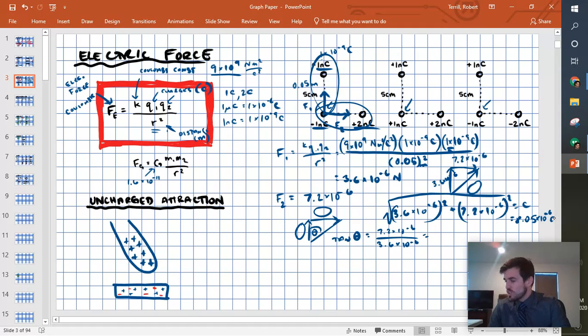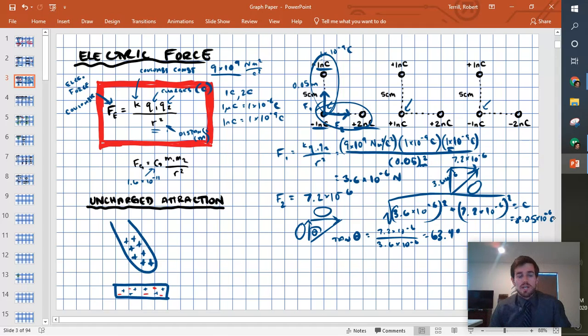And my answer should come out to be, I did the opposite angle, so hold on, 90 minus 26.6, about 63.4. Okay. The other ones I'm not going to bother calculating because this video is going too long. So if you want to do them on your own, please feel free to practice. You'll get the same value. The only thing that's going to change is the direction of the force because everything else is the same.